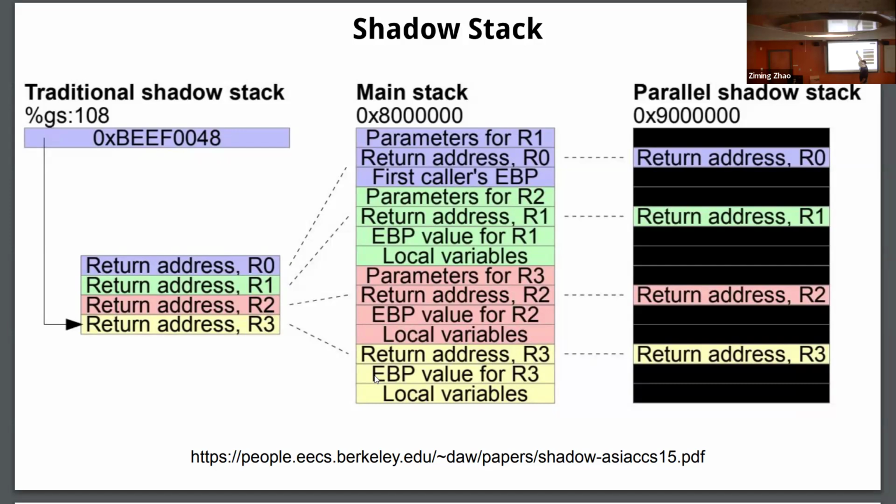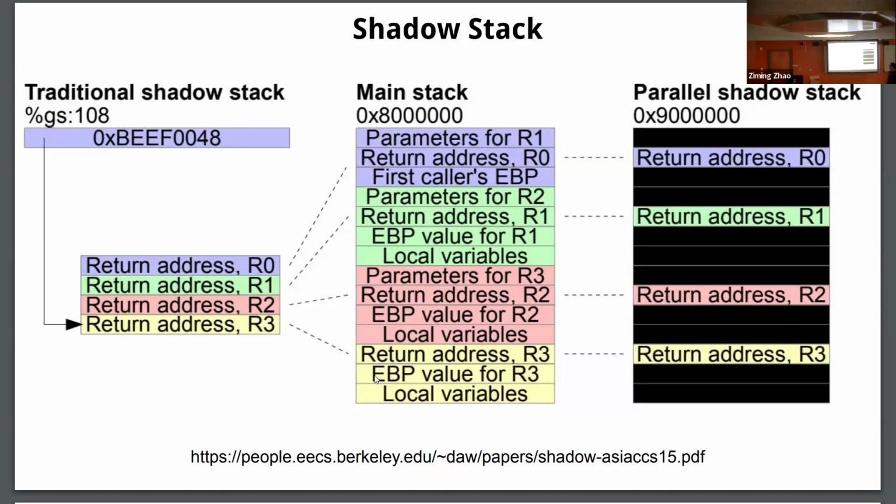R1 has its own stack frame, which we are already familiar with, which has parameters to R1. Then the return address to R0 is part of R0. Right? Then we have the saved EBP, right? After that, there may be something in between. After that, we have the second function, R2, R3, R4, right? So this is what we are familiar with.